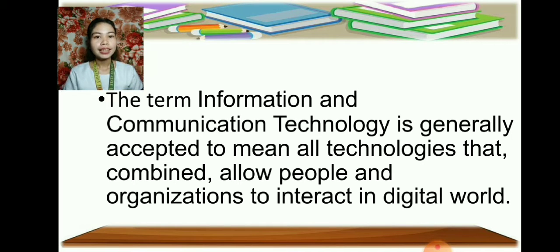ICT allows us to interact in the digital world. For example, Facebook. Even if your family, friends, and relatives are in another country or another place, you can still chat or make calls with them using Facebook and Messenger. That is the use, or the benefits, of ICT.